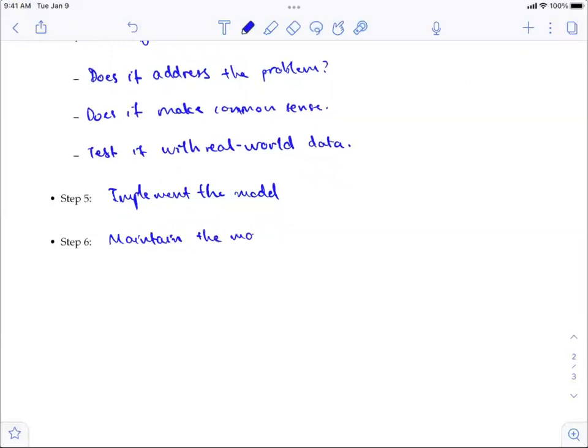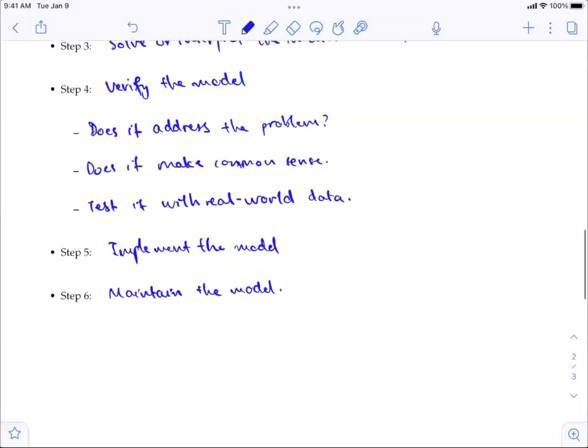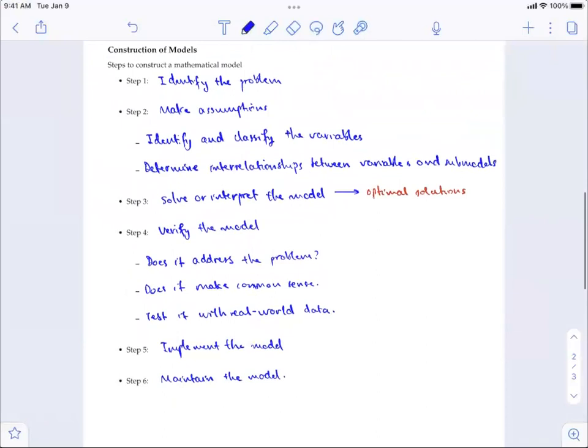So you need to maintain the model. Okay. And throughout this course, we're gonna build some models. Most of the time, we're gonna identify the problem, make assumptions, solve the model, and then verify the model.